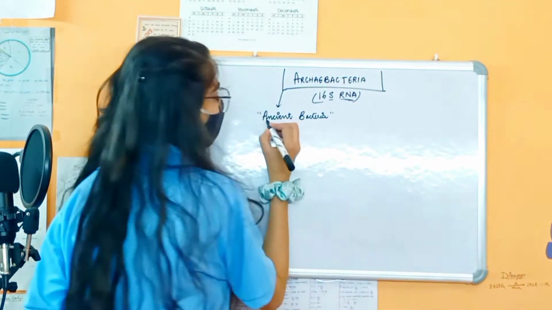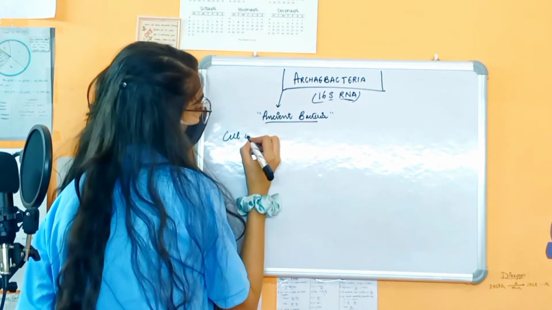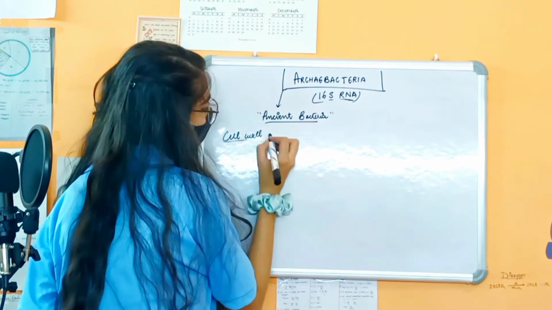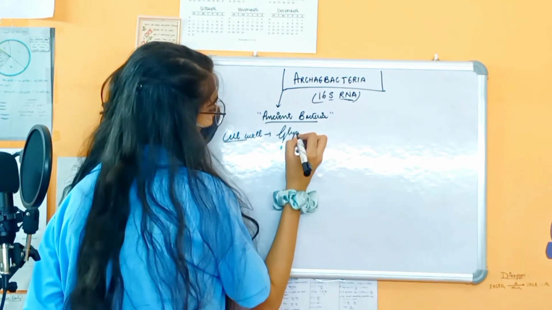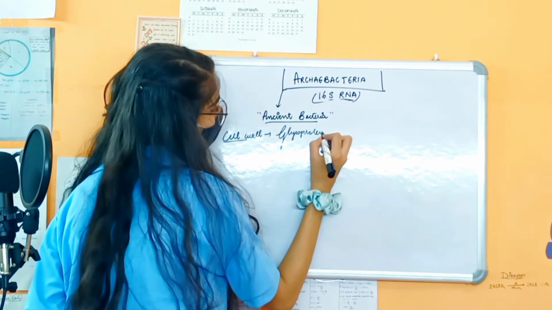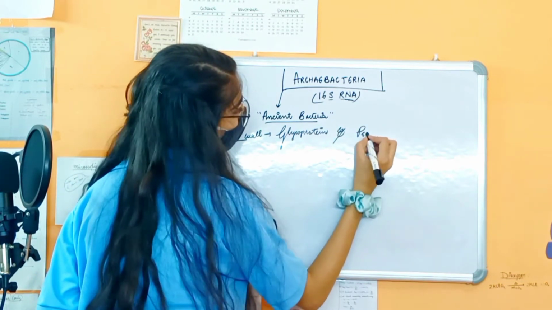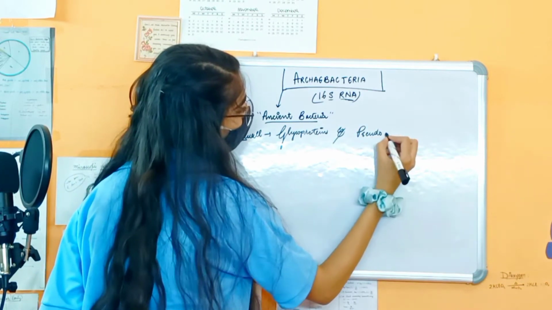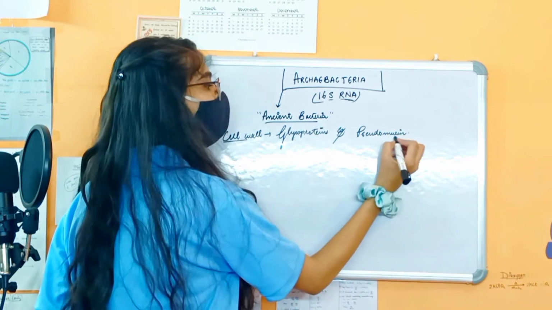So these ancient bacteria have, I already told you, right? Cell wall made up of glycoproteins and pseudomurein. This is important.